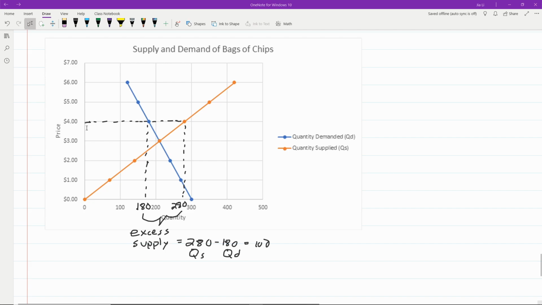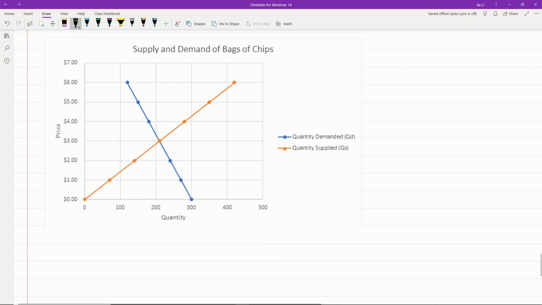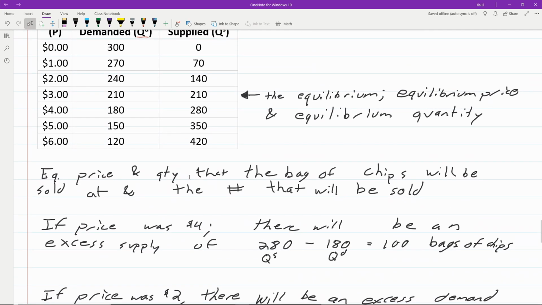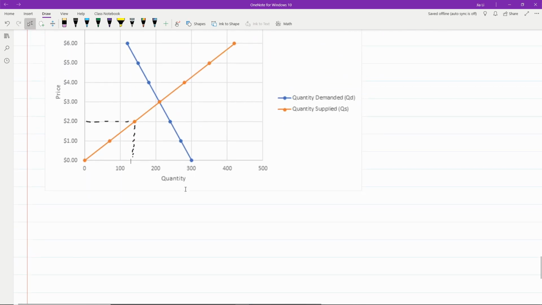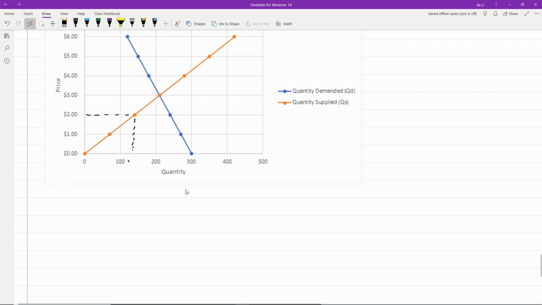What about excess demand? Well, let's clean this up a bit. There we go. Let's say the price was $2. Draw a dashed line across from $2. Here is the supply, in the orange, and that tells us we have 140 bags of chips being supplied at a price of $2.